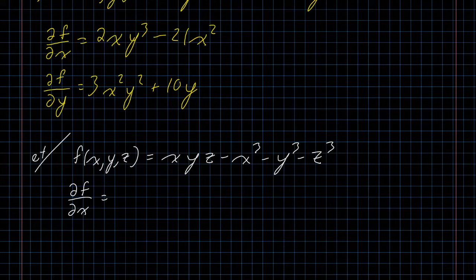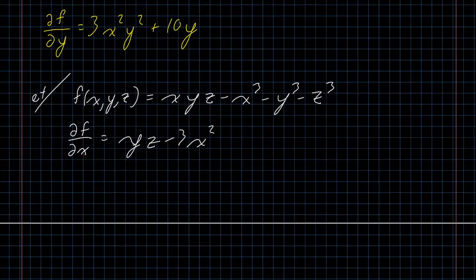First term, derivative of x is 1 multiplied by a bunch of constants is just still multiplied by a bunch of constants, so I get y and z. Second term, derivative of x cubed is 3x squared. Next term, y cubed is constant with respect to x, and the derivative of a constant is 0. Likewise, the z cubed.